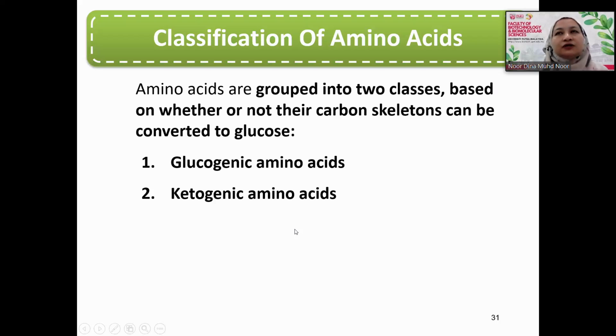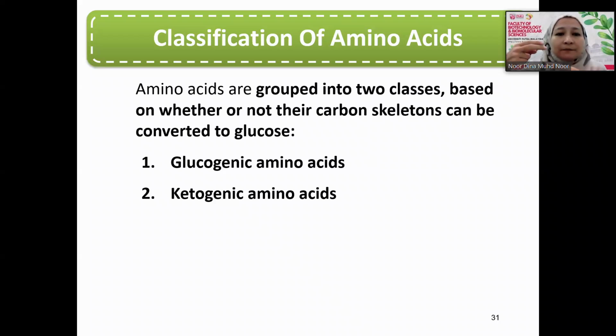Before we get into details of how each amino acid is degraded and what intermediates are involved, it's easier to see these amino acids in 2 categories, according to class. The first is the glucogenic amino acids, and the second is the ketogenic amino acids.